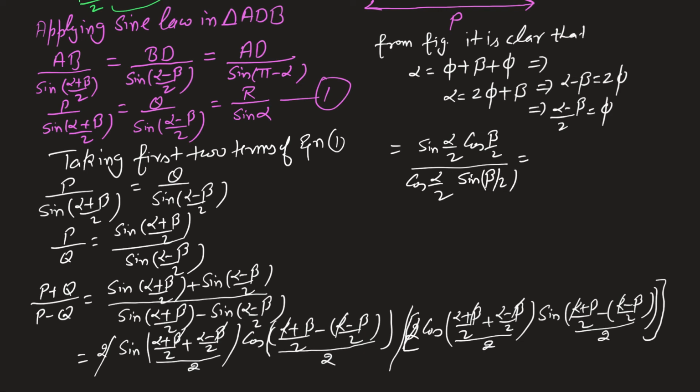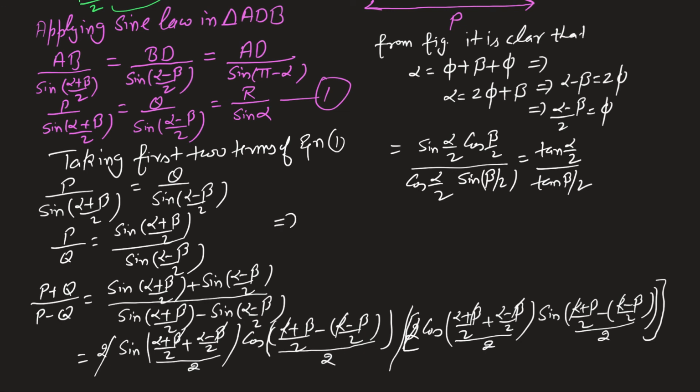So sine alpha by 2 over cos alpha by 2 is tan alpha by 2, and sine beta by 2 divided by cos beta by 2 will be tan beta by 2. So this will be tan beta by 2.